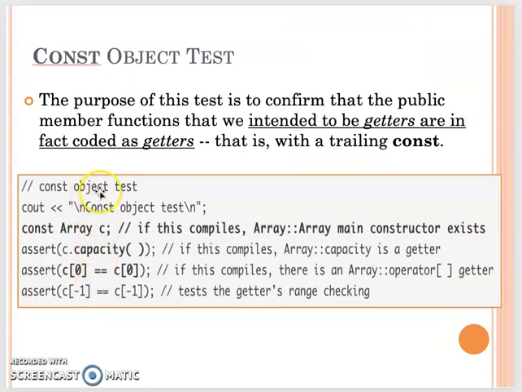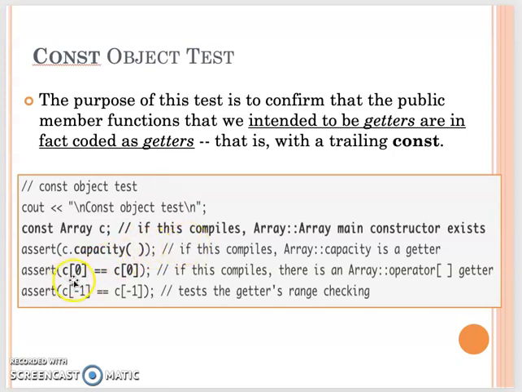So what we can do is create a constant object. The purpose of the constant object testing is to confirm that the public member functions we intended to be getters are in fact getter functions, which all have the trailing const, because any constant object you declare can only invoke trailing const member functions. So after you have your constant object C created, I should be able to call the capacity function and compare it equal to 10.